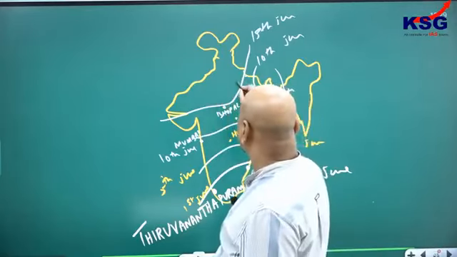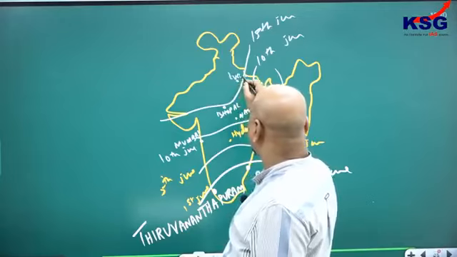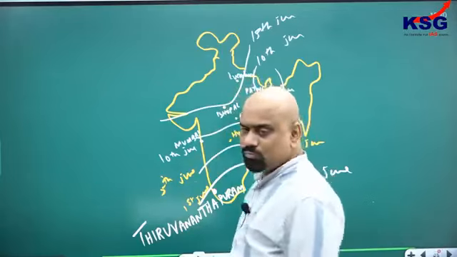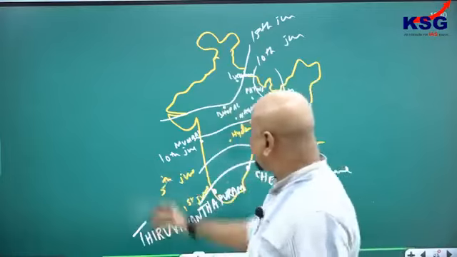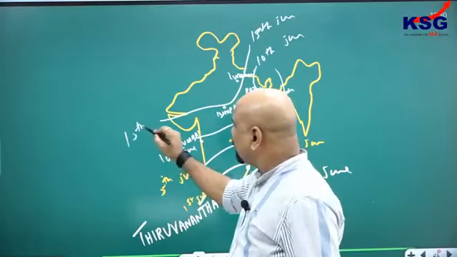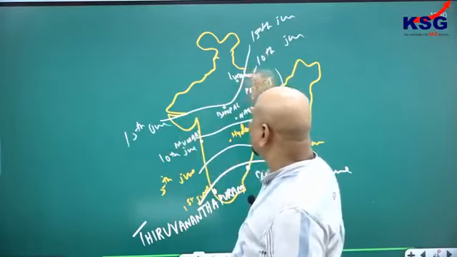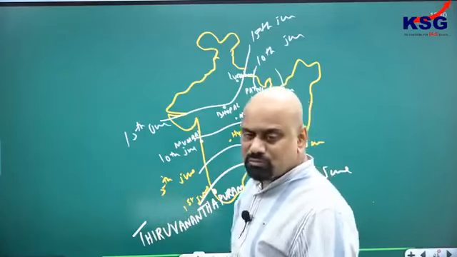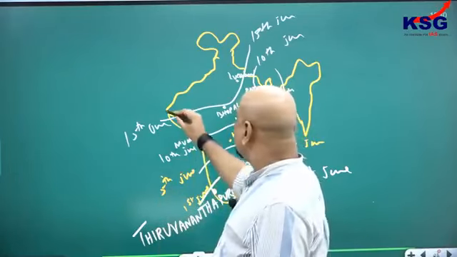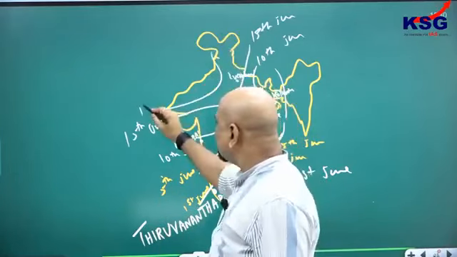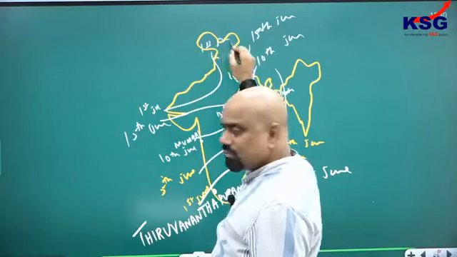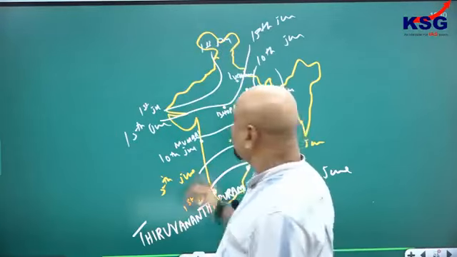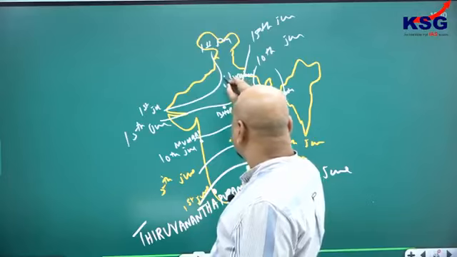And by 1st of July, it is like this here. 1st July. दिल्ली, जयपुर सब कुछ ये है आपका. यहाँ पे दिल्ली है.